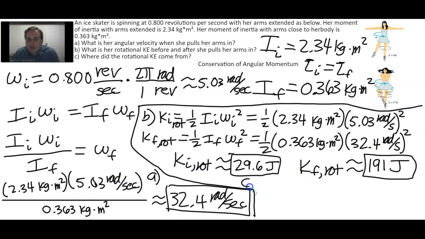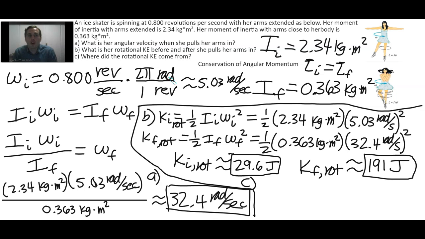All right. Now the question is, where did the rotational kinetic energy come from? Now think about this. Her angular momentum is conserved, but her rotational kinetic energy is not. So the only way that there's an increase in kinetic energy is if positive work is done. Where did that positive work come from? It came from her muscles. How do I know that? Because she's forcing her arms over a displacement inward.